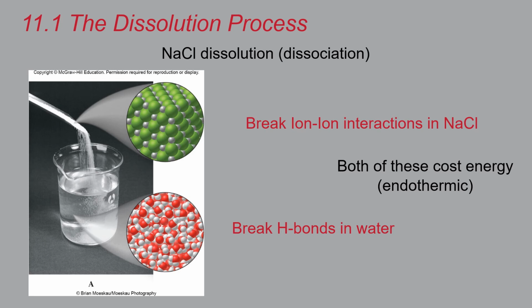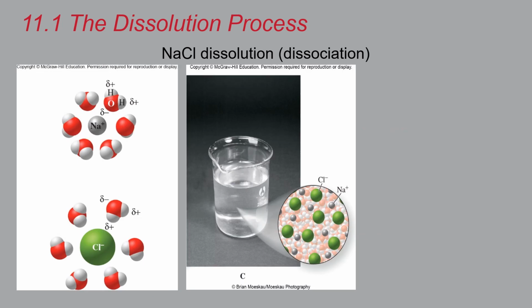But in the end, something does happen. Once you break apart the water molecules and break apart the sodium chloride crystals, you now have the opportunity for very strong interactions that we now are calling ion-dipole interactions. So water is very, very polar.